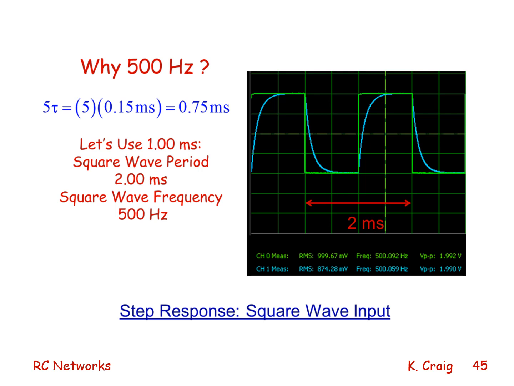And since the period of my square wave will be twice that, I'll pick the period to be 2 milliseconds. So a square wave frequency, 1 over 2 milliseconds, is 500 Hertz. So if I pick 500 Hertz, you see that my step response in 5 time constants gets to steady state, but then it stays at steady state for a bit before the square wave reverses and my response goes in the other direction.